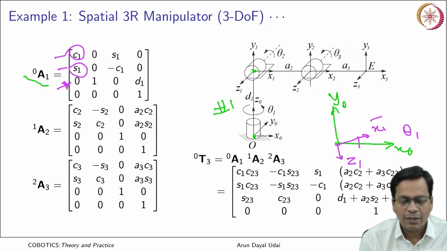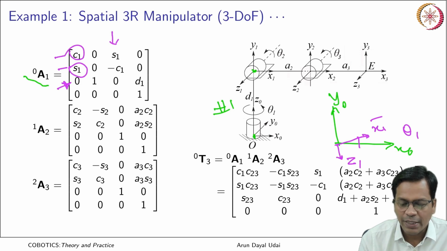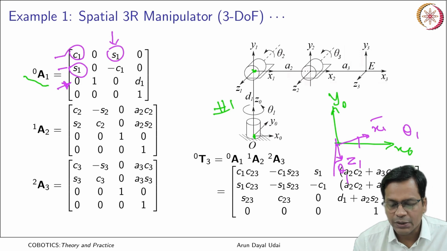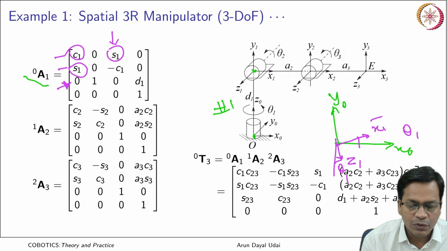So quite clear. Now what about this column, that is for z? So this again is making an angle theta 1. Okay, so this time you see projection along x0 for z1 would be sine theta 1. Okay, for projection along y, z1 would be minus cosine theta 1.